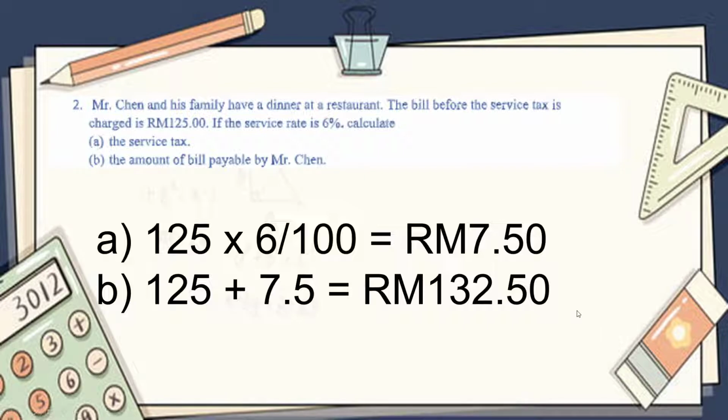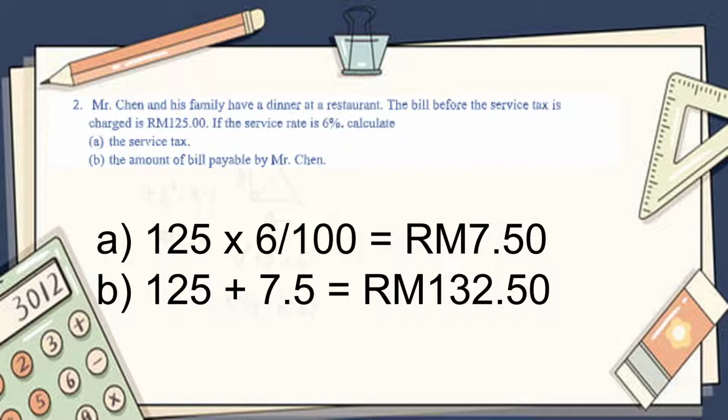Mr. Chen and his family have a dinner at a restaurant. The bill before the service tax is charged is 125 ringgit, and the service rate is 6%. So the service tax of this bill is 7 ringgit and 50 cents.